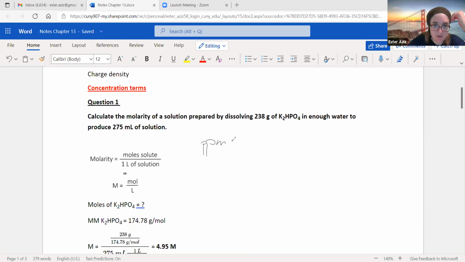Parts per million by mass, which should usually be specified, is equal to mass of solute over total mass times a million, which is 10 to the 6th power.